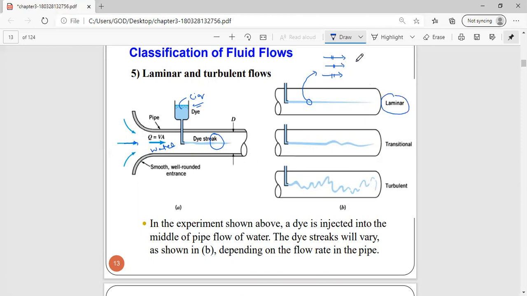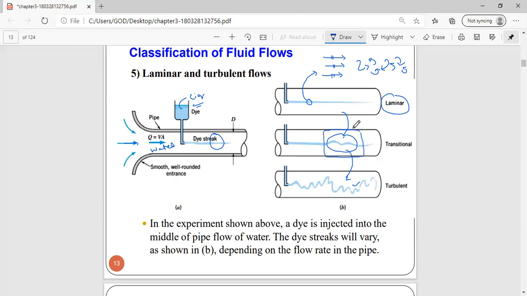If the fluid particles are not parallel to each other, very zigzag, random in nature, then we call it turbulent. The transition is the phase changing from laminar to turbulent. If your fluid is changing from laminar to turbulent, the intermediate phase is called transition.